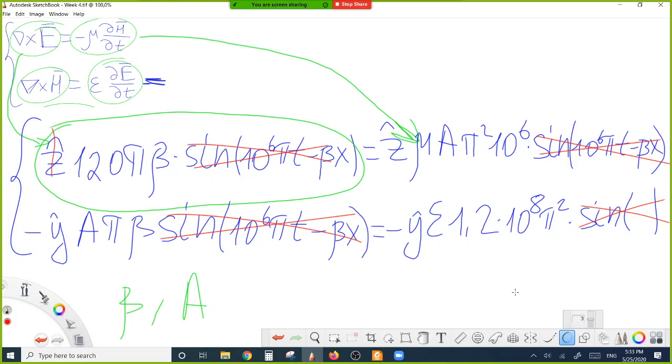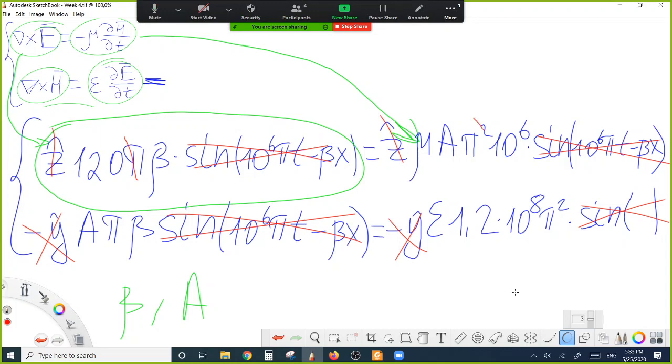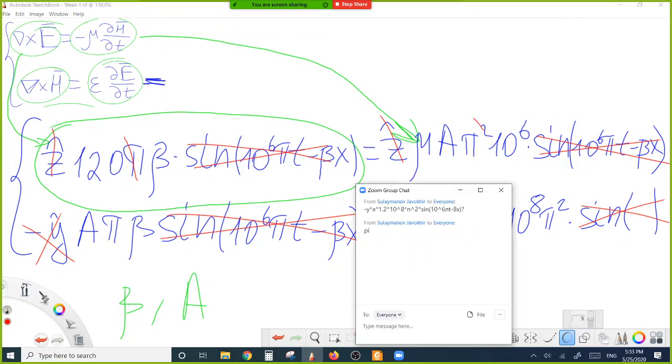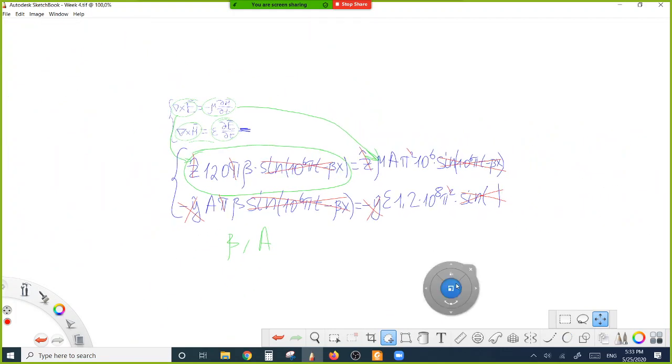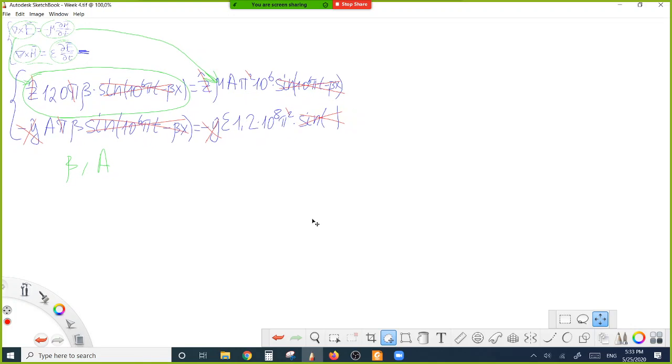Also we can simplify the unit vectors z and minus y. Also we can simplify p and p here, and here also p and p. I will write on the same page, so let me scale down.